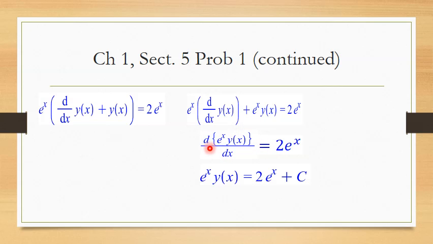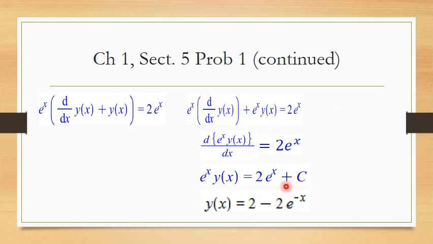And now it becomes a separable differential equation. And if I move the dx over here and I integrate this, I get my two functions back, and the integral of 2e to the x plus an integration constant c.